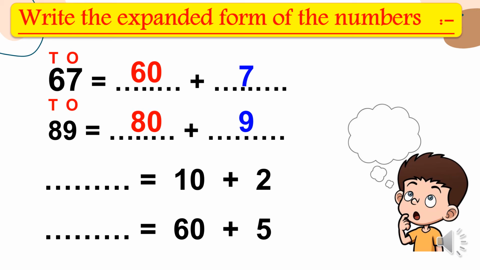Now, he wants to know the number that will be 10 plus 2. I want to go back, so put places as we do first, ones, tens, then 10 plus 2 equals what? 12. Easy. Next, I ask here about the number that equals 60 plus 5.